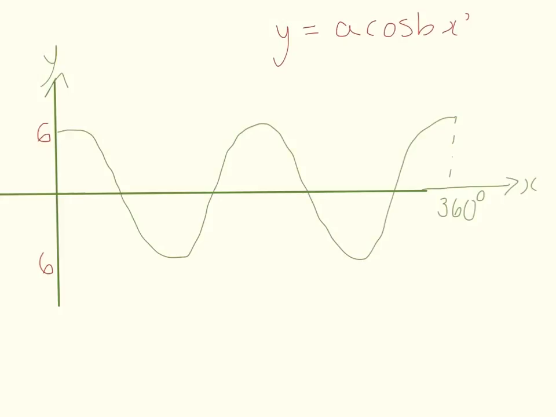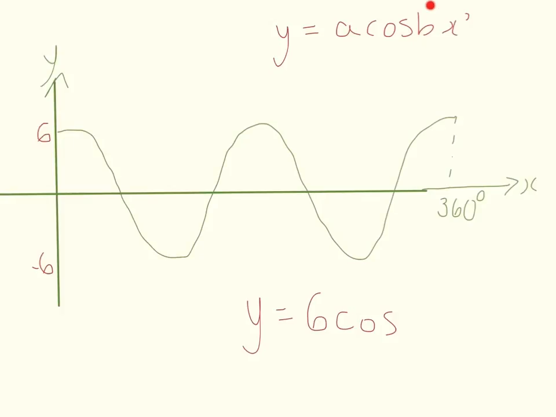First thing to note is that our maximum and minimum are not 1 and minus 1. Our maximum and minimum are 6, and that should be at minus 6. Okay, so that means that to start off with, I can say that it's going to be 6 cos something. Okay, because the amplitude has changed by a factor of 6.